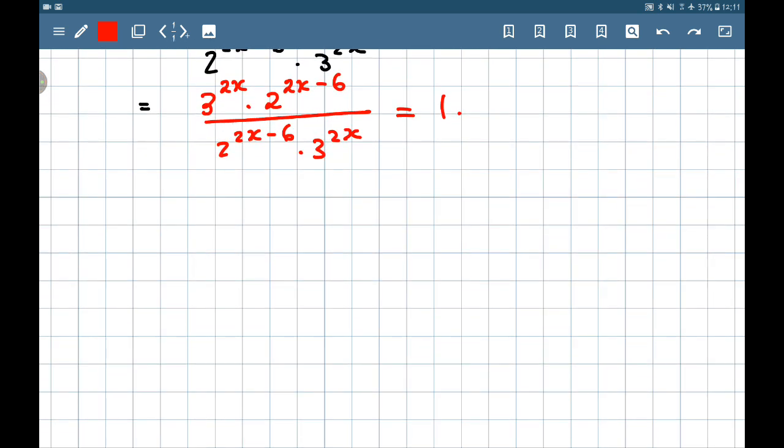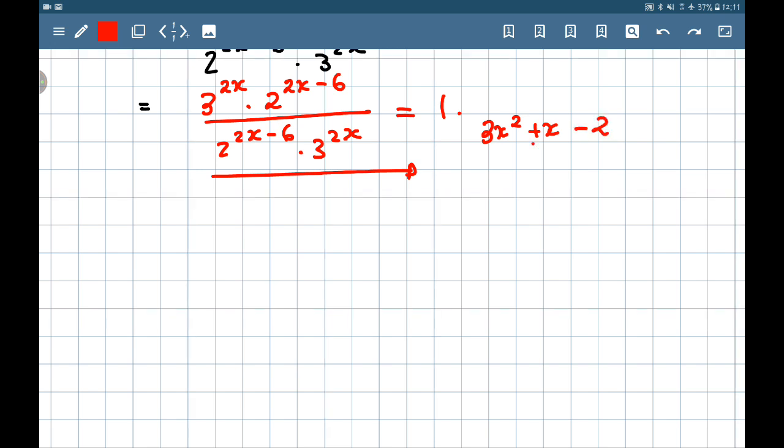Yes. So if there is no addition and no subtraction, you cannot look for a common factor. You can only look for a common factor where there is addition or subtraction. Look at this: if you happen to have 3x squared plus x minus 2, because of this addition and subtraction, then you can factorize. You cannot factorize if there is no addition or subtraction. Are we clear? Yes, sir.